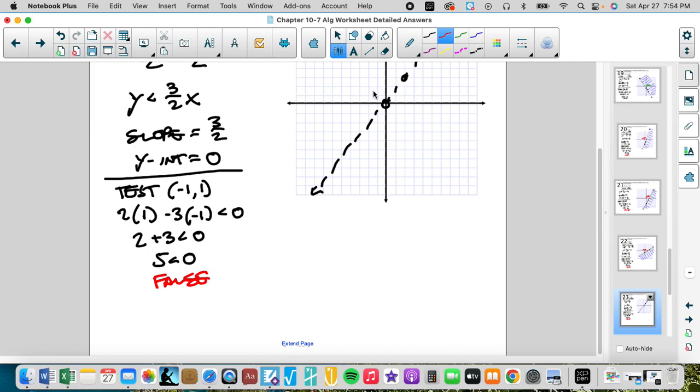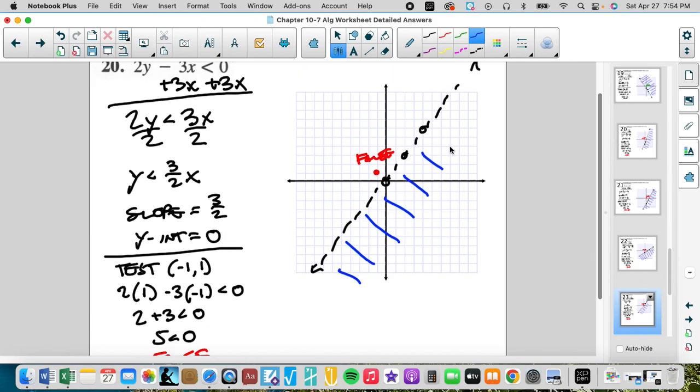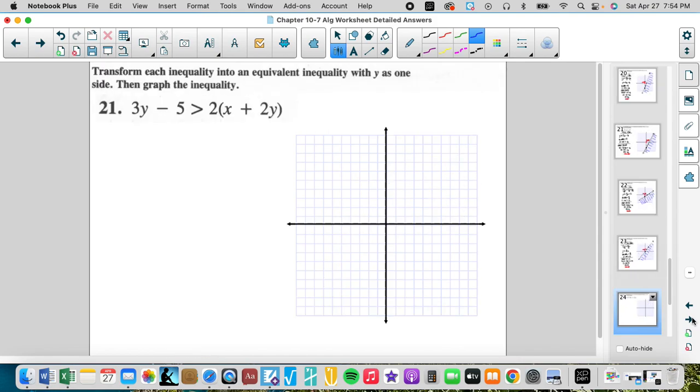So I know this point, -1, 1, is false. So I know all the points on the other side are going to be the true side. That's going to be the true side of the graph, or the solutions. This is where all the solutions lie. Whoa, look at that.